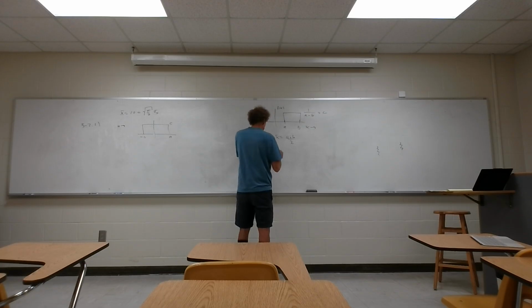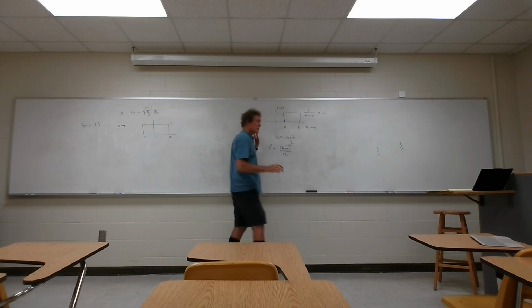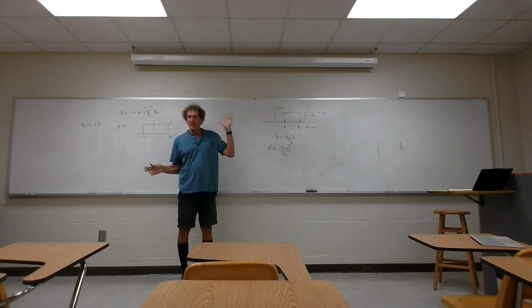And then, remember that the variance, not standard deviation, was equal to b minus a squared over 12. Do you remember me doing this, class? These are things you need to know.